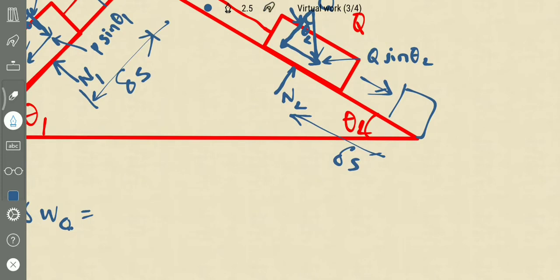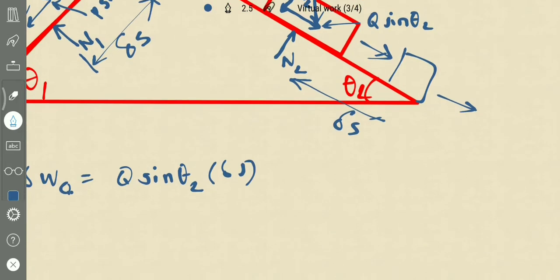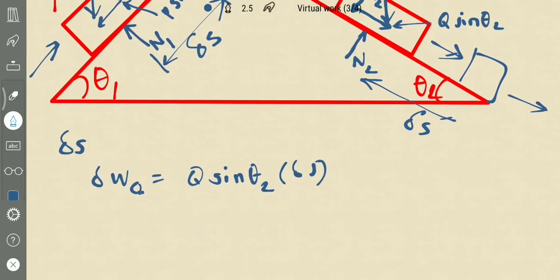The force is Q sine theta 2, and the displacement in this direction is delta S. This is the virtual work done by the body Q.